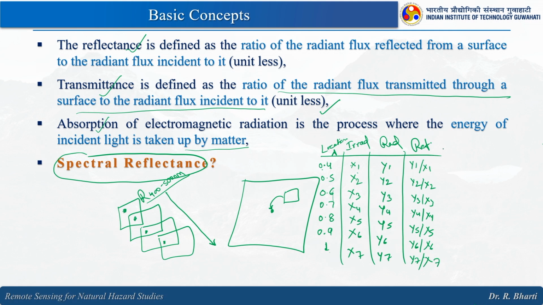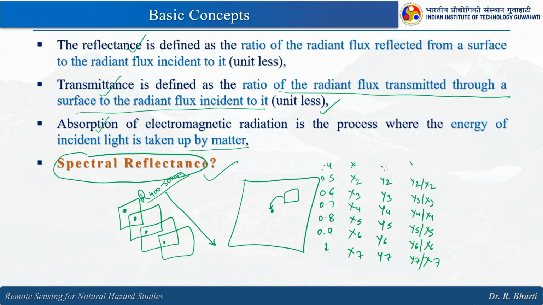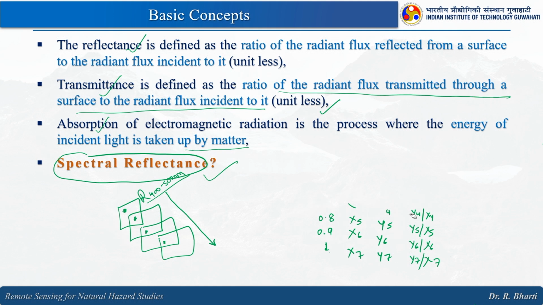So, if we have this kind of calculation, so basically we are trying to generate the reflectance value with respect to wavelength. So, this is called spectral reflectance. I hope this is clear. When we have satellite image, when we have tabular data which is for the point information, so in such situation how to calculate the spectral reflectance, right.